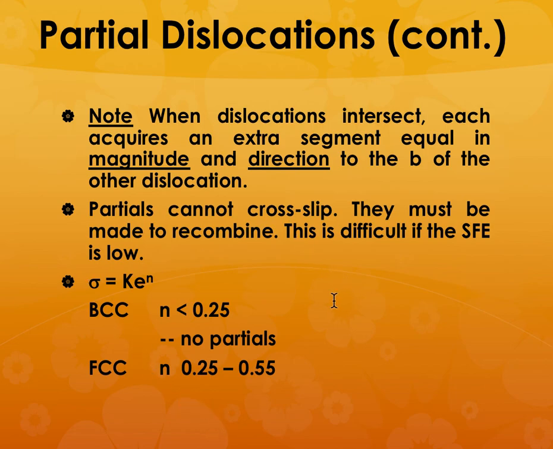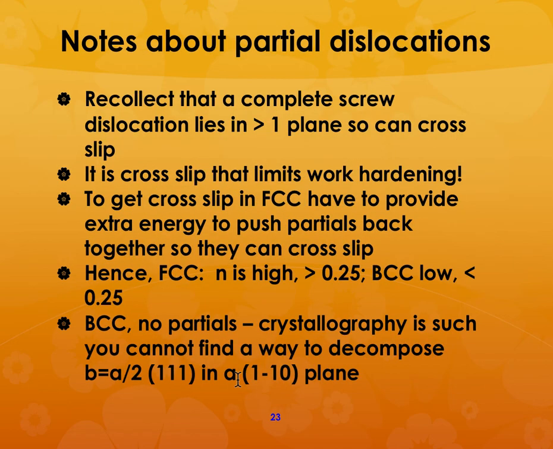So now you can understand why you are heat treating steels from a BCC type of structure at room temperature to an FCC type of structure, which is the gamma austenite structure at elevated temperatures, because it is easier for you to deform the material. And in the case of FCC, the value of n is between 0.25 and 0.55.